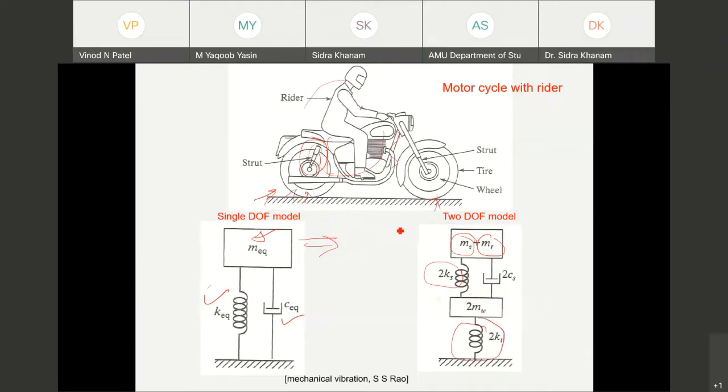So this will be a 2 degree of freedom system. This is how we can convert that simple system into a single degree of freedom system, a 2 degree of freedom system, or something more complicated. It can even be increased to more degrees of freedom by separating out the mass of the vehicle and the mass of the rider and adding the additional stiffnesses, so it can be derived in a better way.